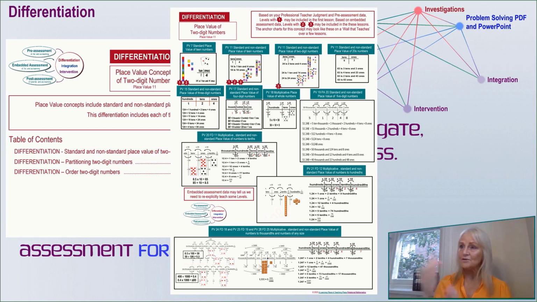Now you might look at that and go, what, 4 levels for all of year 1? This is huge learning. It is going to take the children all year to get to the end of 2-digit standard and non-standard place value. Trust me. You'll even find some kids at the beginning of year 2 still don't have that.